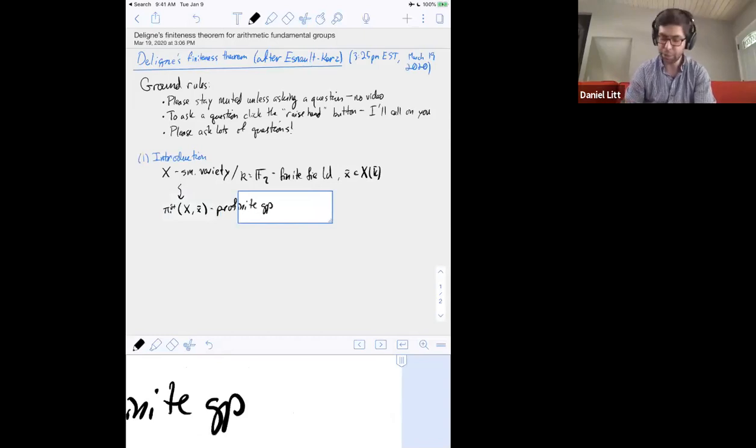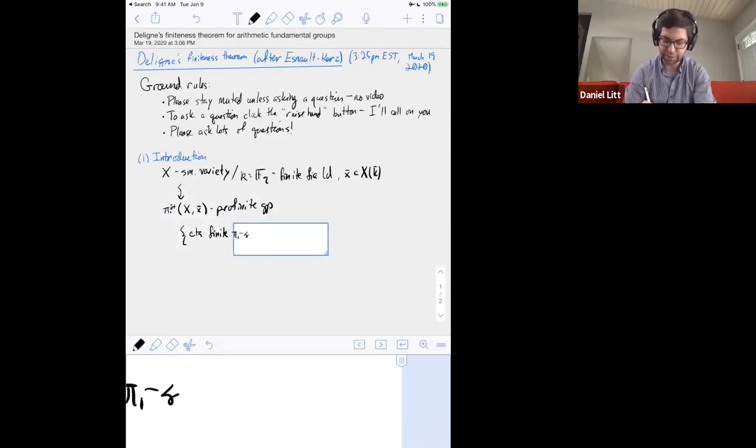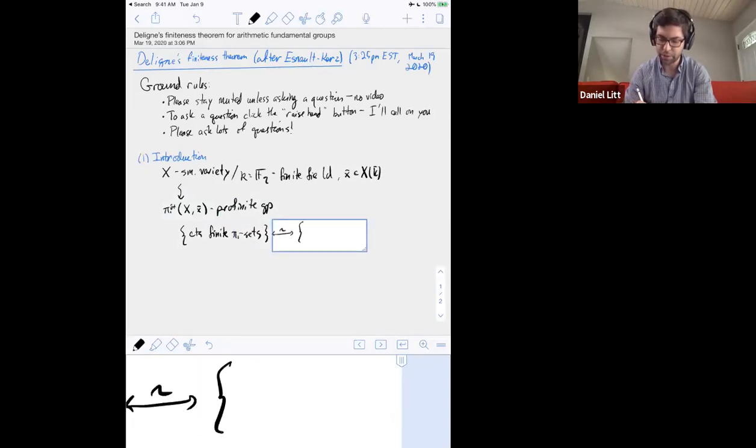And the defining property it has is that the category of continuous finite pi1 sets, so that means finite sets with a continuous action of pi1, and it's profinite, so pi1 is a topological group. Well, the category of such things is canonically equivalent to the category of finite étale covers of X.